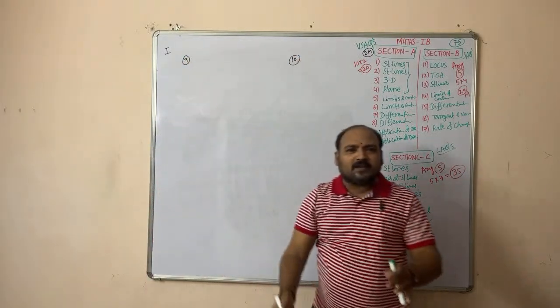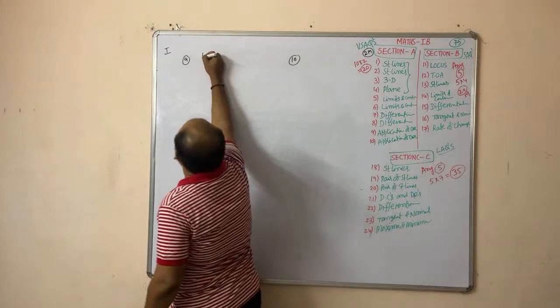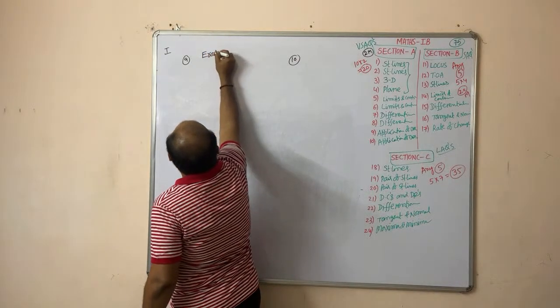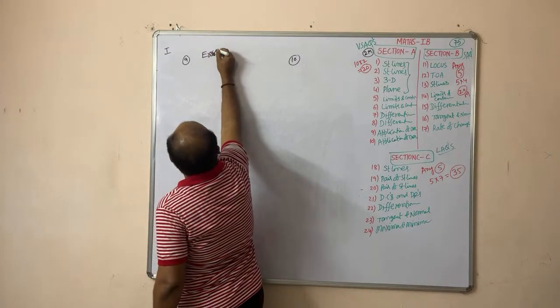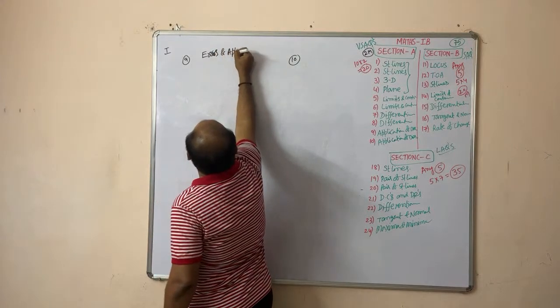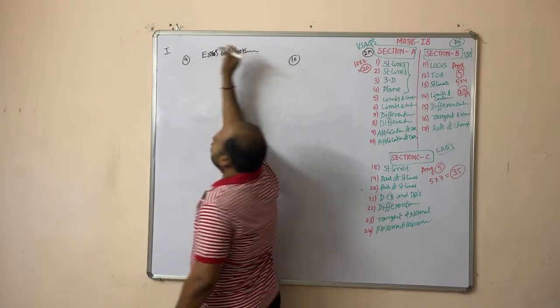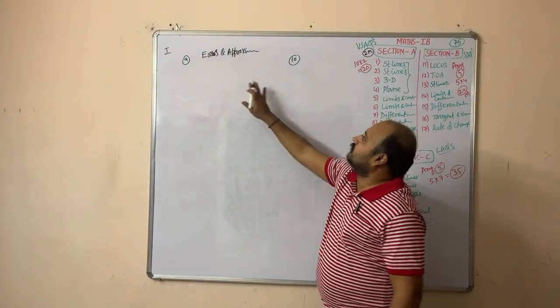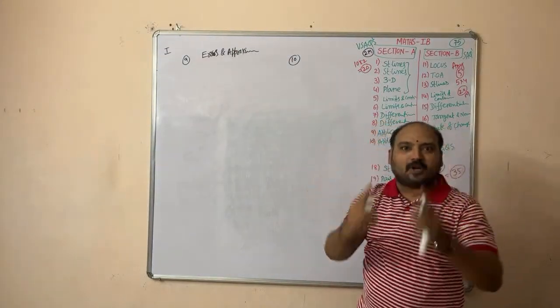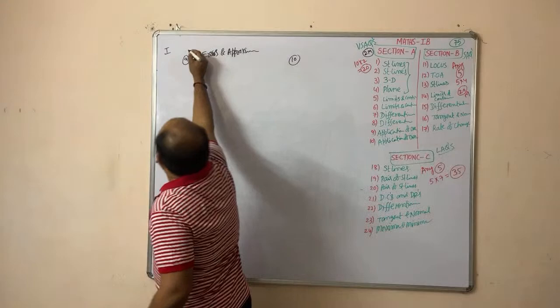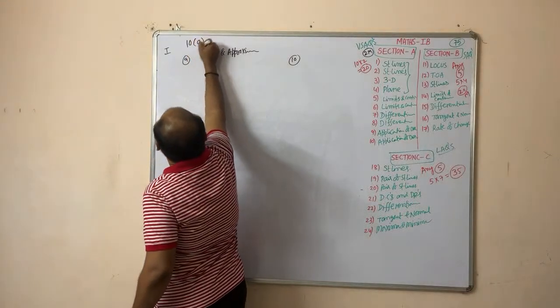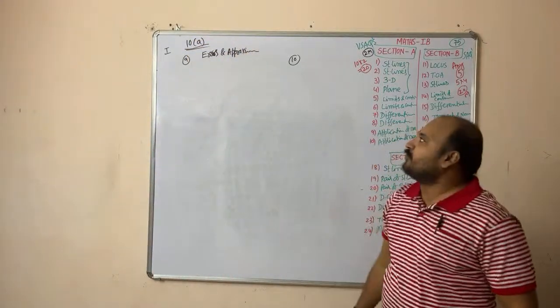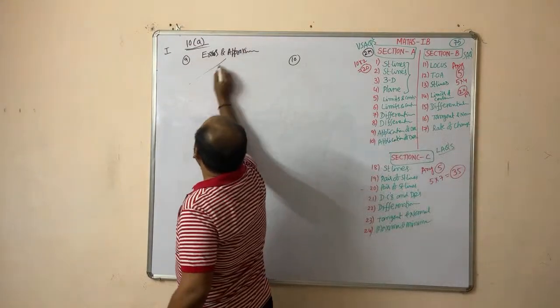Now question number 9 and question number 10. Question number 9 is absolutely errors and approximations. Both questions come from chapter number 10, in the 10A exercise, dear students. In errors and approximations, they will ask 3 types of questions.